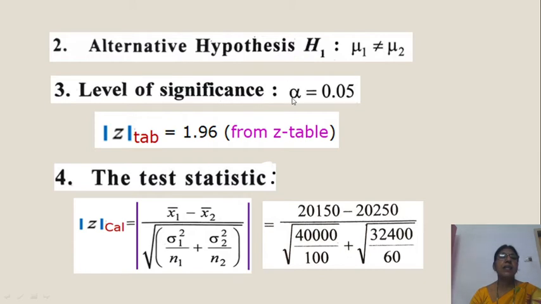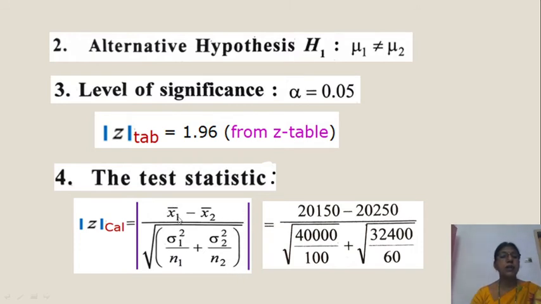Level of significance is not given here, so as usual we take alpha as 5% or 0.05. Now Z tabulated value from tables is 1.96. Now we know the values of x1 bar, x2 bar, sigma 1, sigma 2, n1, n2. So take the formula for Z calculation: modulus of x1 bar minus x2 bar, divided by root of sigma 1 square by n1 plus sigma 2 square by n2.